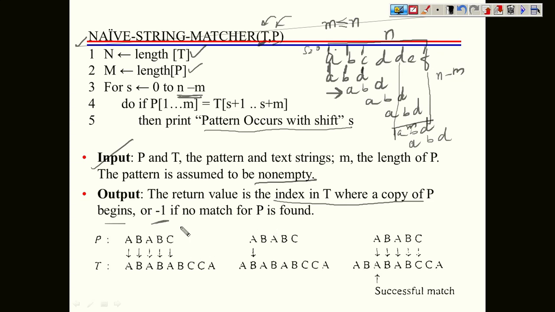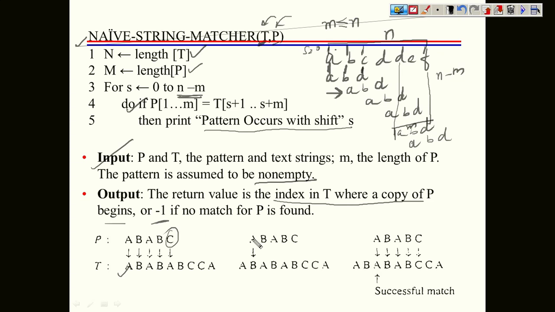So let us look at this example. This is the text given to us, and this is the pattern. We will simply match character by character. Here you can see this is all matching, but this is not matching. Keeping in mind this condition, every individual symbol must match, otherwise it will give you a false result. So this is not a valid shift, and you shift by one position.